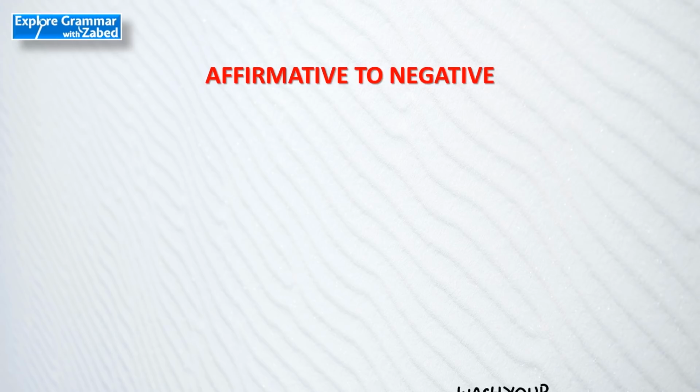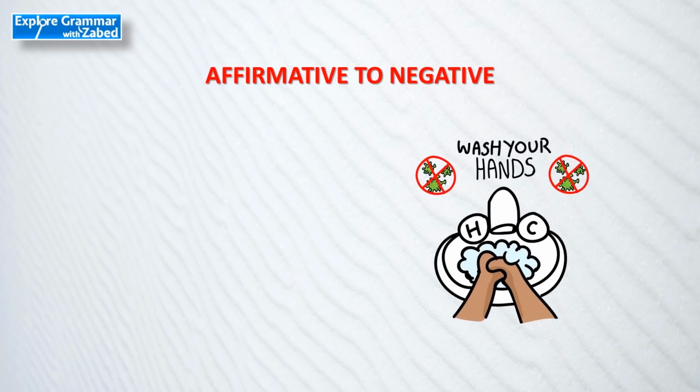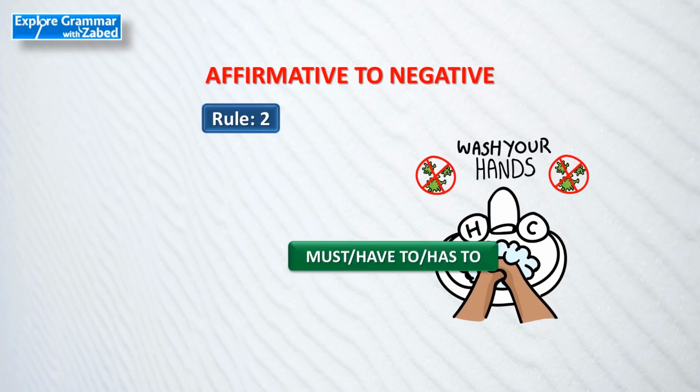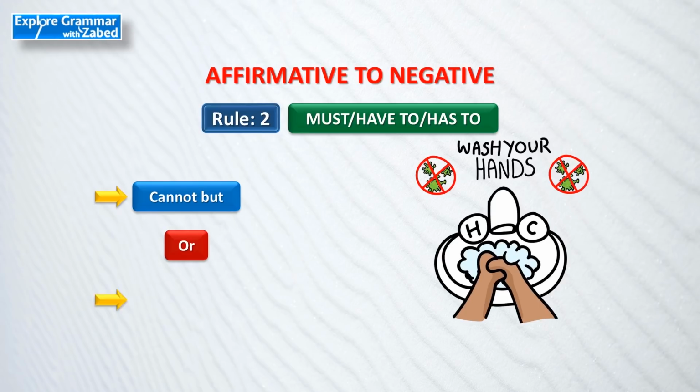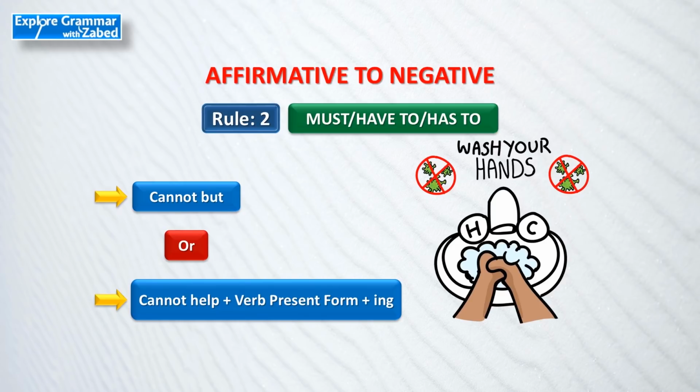Rule number 2. In an affirmative sentence, if you find must, have to, has to, it should be replaced with either cannot but or cannot help plus verb in the ing form.